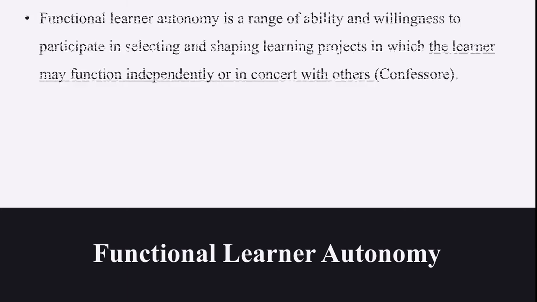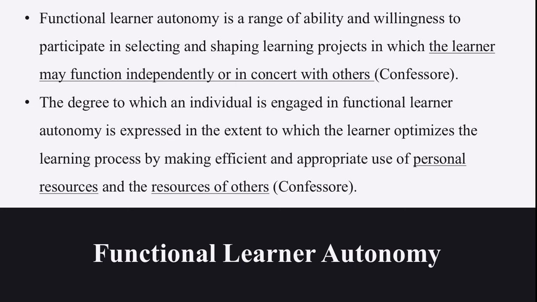Functional learner autonomy is a range of ability and willingness to participate in selecting and shaping learning projects in which the learner may function independently or in concert with others. The degree to which an individual is engaged in functional learner autonomy is expressed in the extent to which the learner optimizes the learning process by making efficient and appropriate use of personal resources and the resources of others.